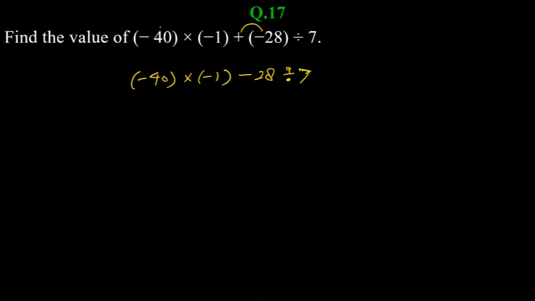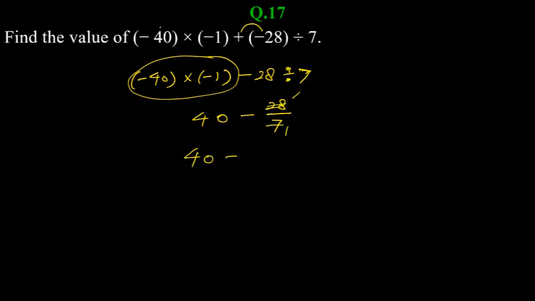Now you will perform the division. Okay. Division will be minus 28 by 7. This you will write as 28 by 7. And here minus 40 into minus 1 will be plus 40. So 40 minus 7 ones are 7, 33.